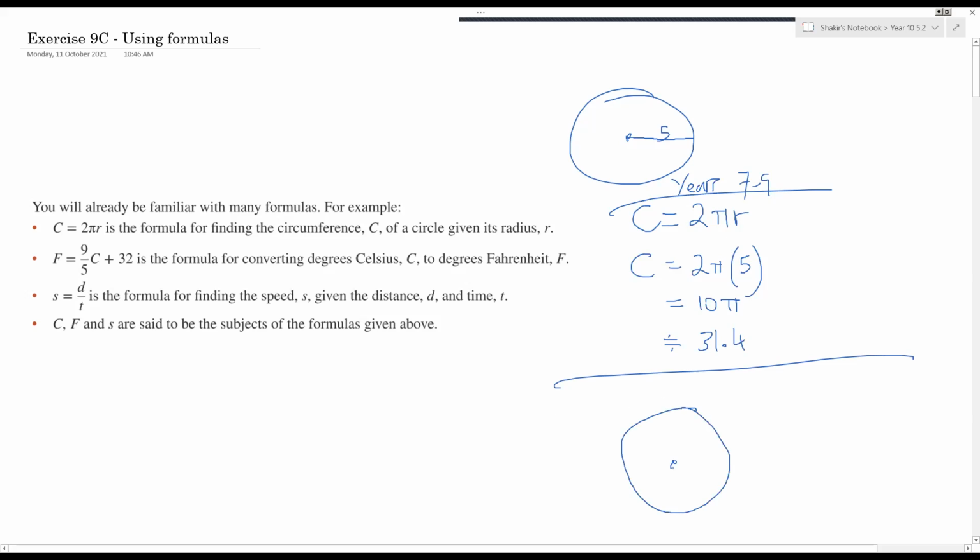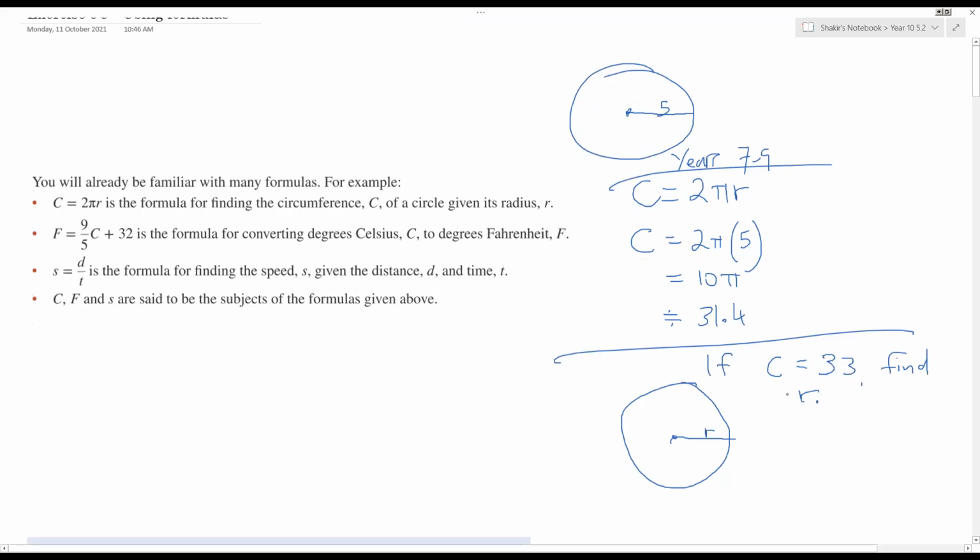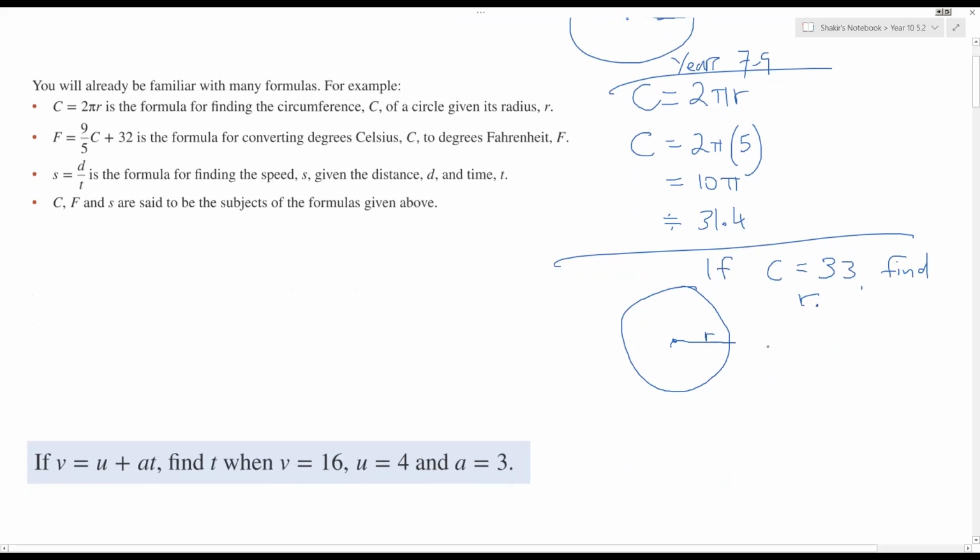Whereas in year 10, you'll have something like this. The circumference of the circle, C, if C equals 33, find r. And that's the difference. Now you have to know how to rearrange equations.